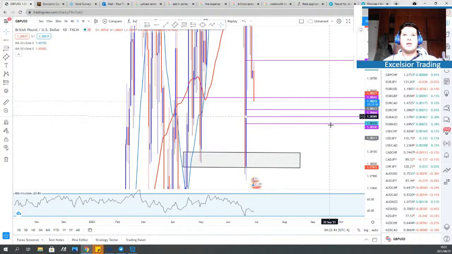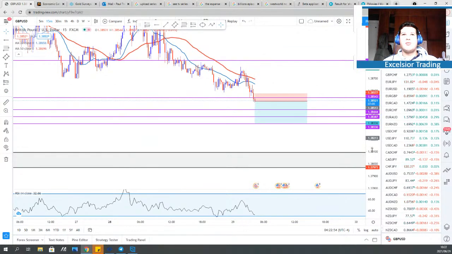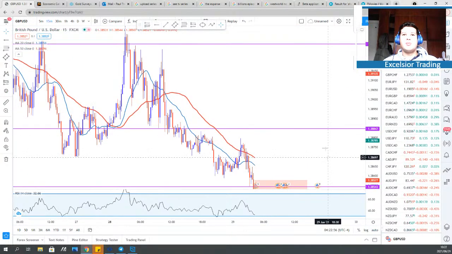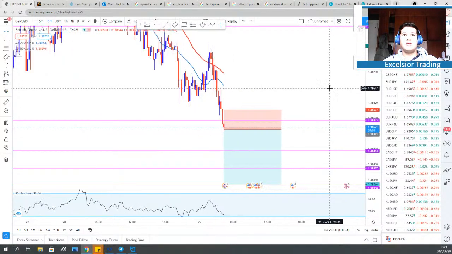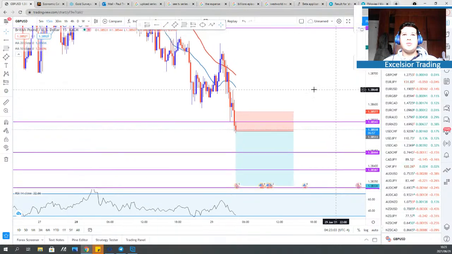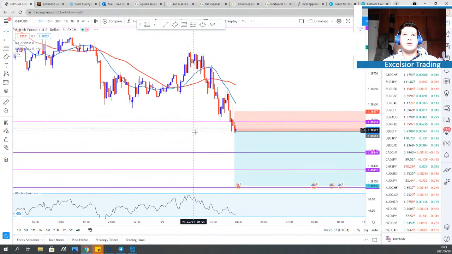It definitely has the possibility to print more to the downside down here, because we have the support here to the left. But like I said, everything's pretty oversold at this moment. If you were to make this trade, it would be very risky, right? Price could make a bigger movement to this zone here.